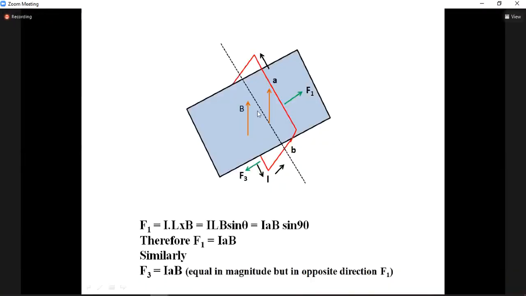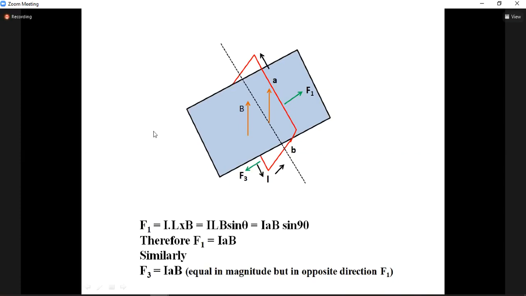ओके सर. Same way, try to find out the magnetic force on the lower end. कैसे होगी? सॉरी सर, आपने क्या कहा? सर, आपकी आवाज नहीं आ रही.